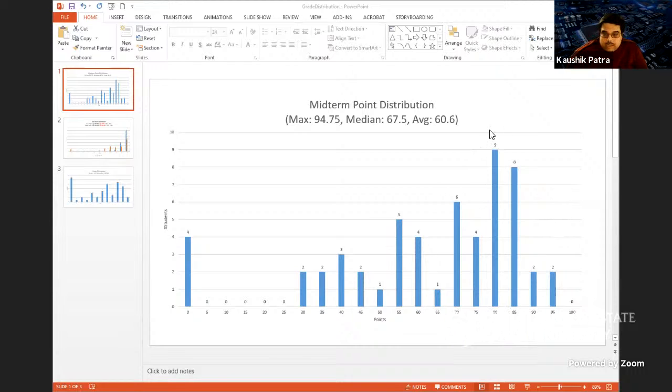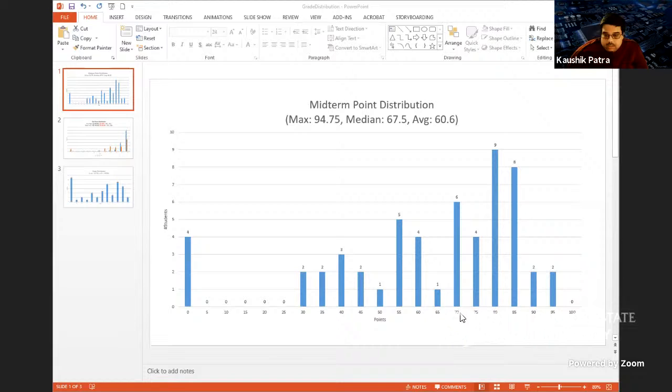Most, like 9 people, are on 75 to 80 points, and then some people on 80 to 85 points. These are where most people went. 85 to 90 and 90 to 95 is very few people, four of you.